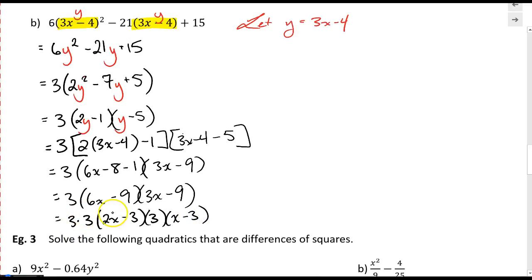But I can collect all those constants, this one, and this one. So my final answer is going to be 3 cubed, which is 27 times 2x minus 3, x minus 3.